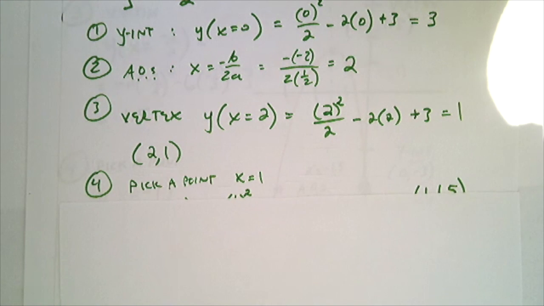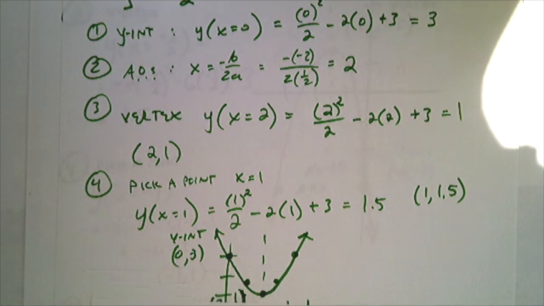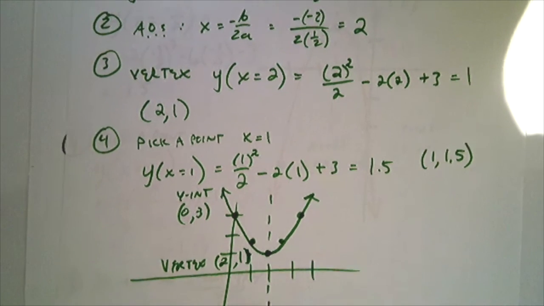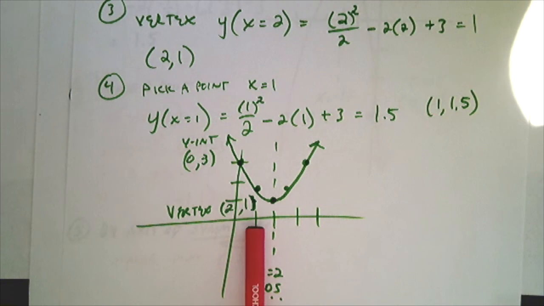And then we would pick a point somewhere that would help us understand what the graph would look like. In this case, we have the axis of symmetry and the y-intercept, so we picked this point here.